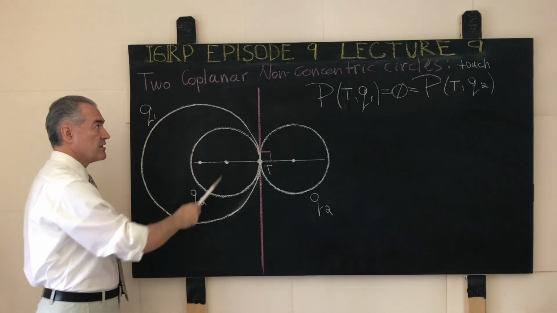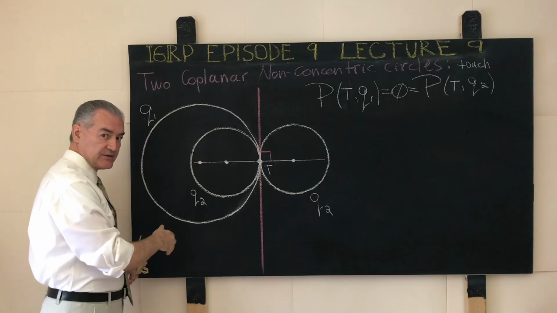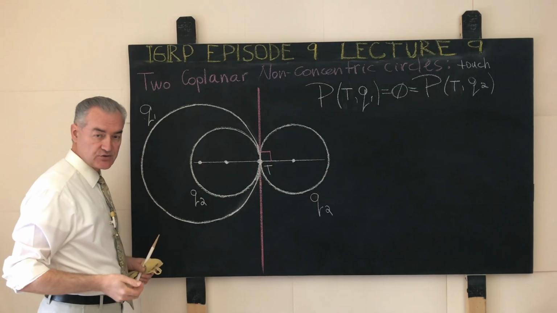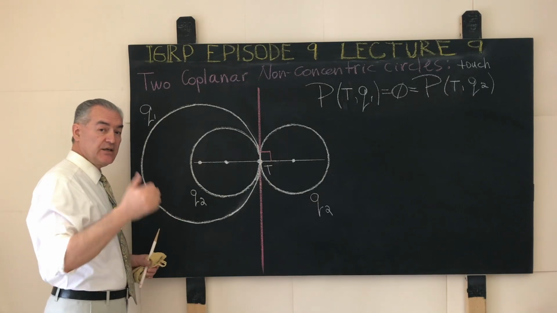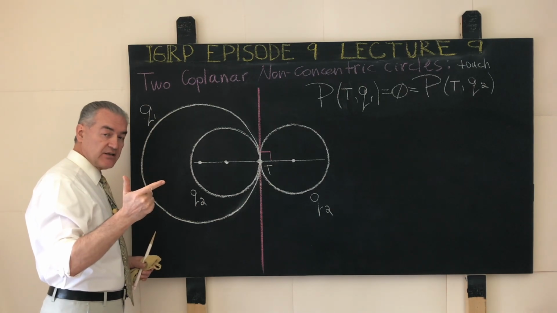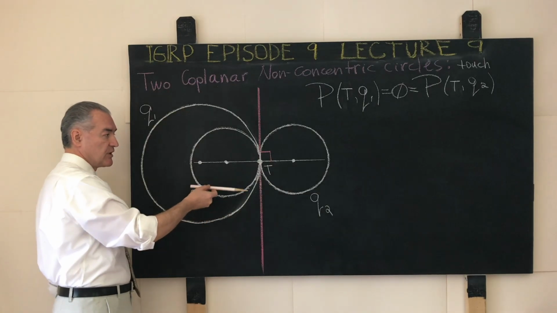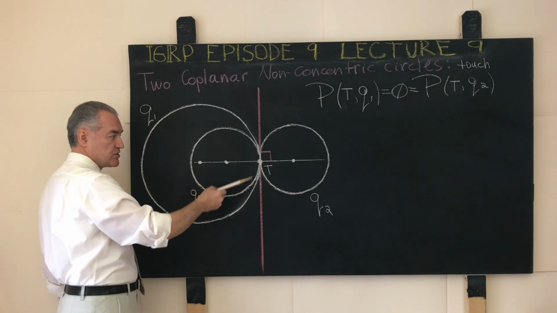Now we bring in theorem number 44 that we just proved, according to which the radical axis of any two coplanar non-concentric circles is first a straight line, and second is a straight line that is perpendicular to the straight line of centers of these two circles. So now we have the following question.